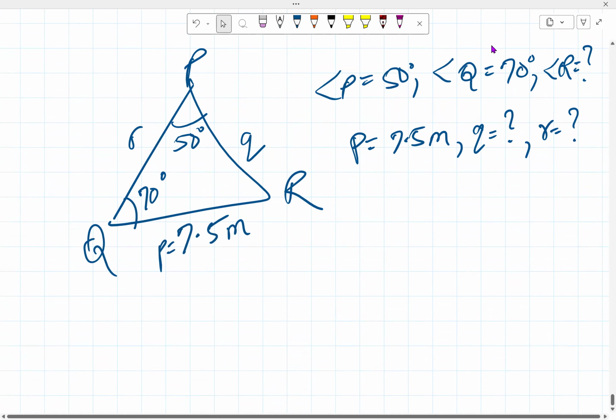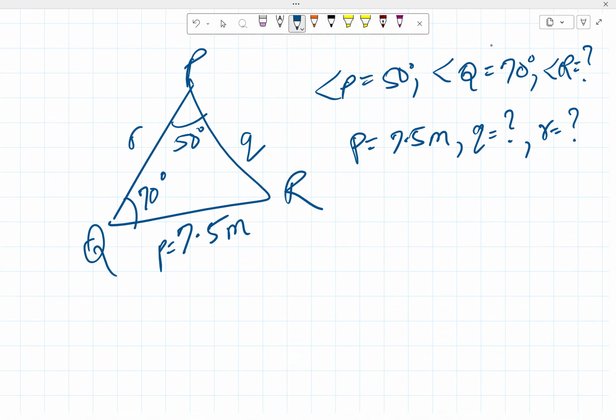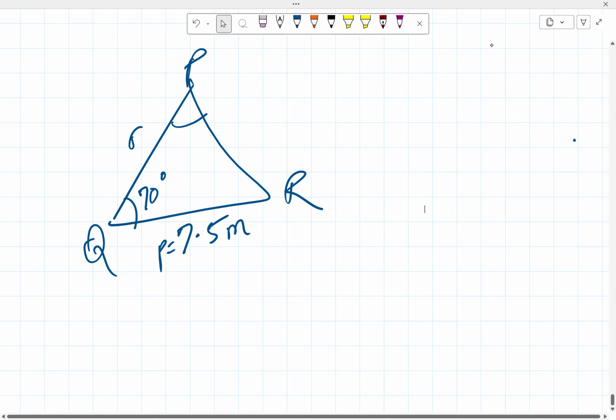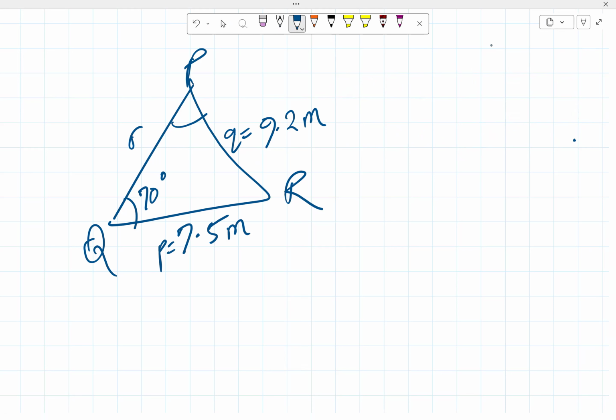So I need to adjust the problem here. Say you have side P and side Q, where side Q is 9.2 meters, and angle Q is 70 degrees.